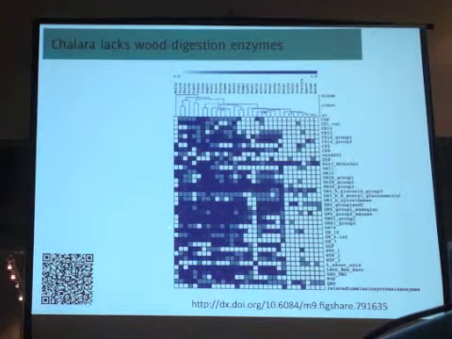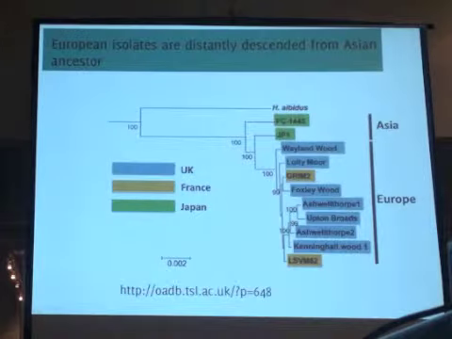So over in this end we've got the numbers of lignin and cellulose degradation enzymes. Up here are the basidiomycete rotters, and Chalara, Ash Dieback, appears down here. So it looks like it doesn't have a complement of genes, for example, for decaying wood, so it's not likely to be carrying out that function.